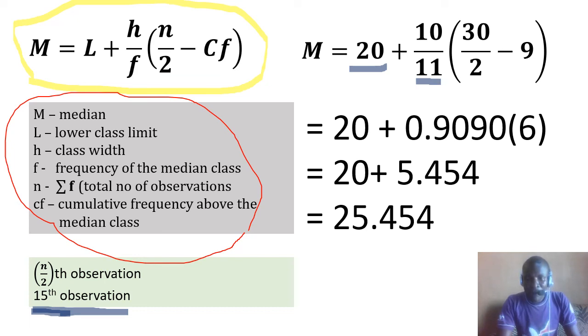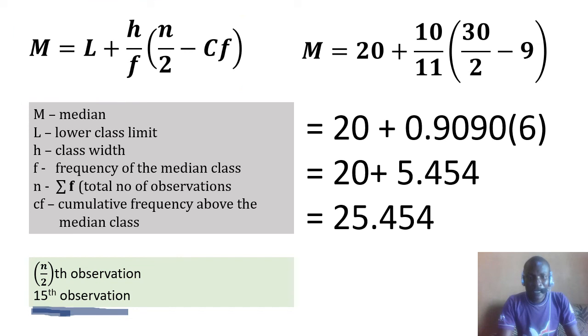Now we advise you to be safe. It is very, very advisable and important that you work this section first. Work this part and get your value. Once you get your value, you can add the lower class limit. After working, take your calculator.